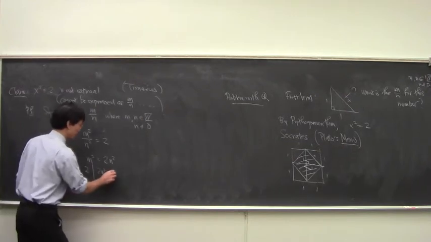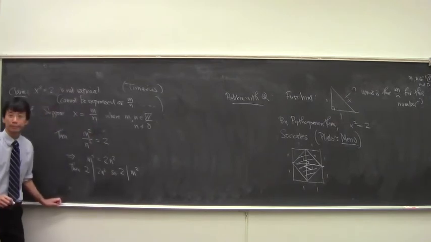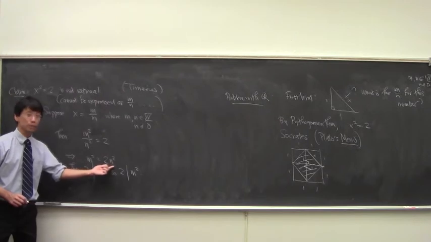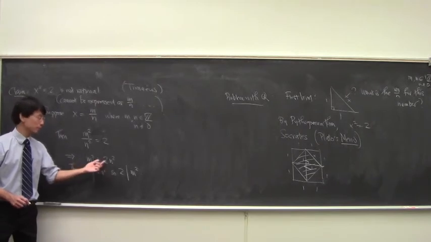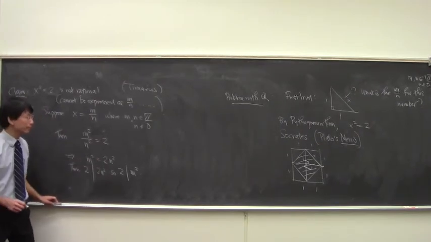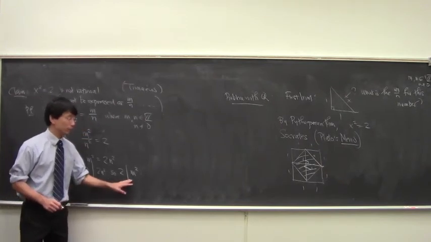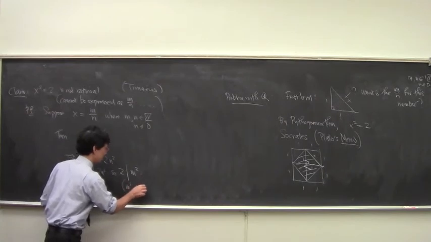So 2 divides m squared. m squared is 2n squared. The number on the right-hand side is even, so the number on the left is even. 2 divides this, so 2 divides that. So m squared is even.